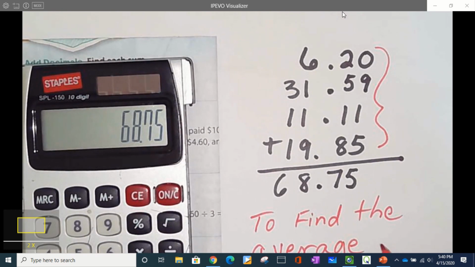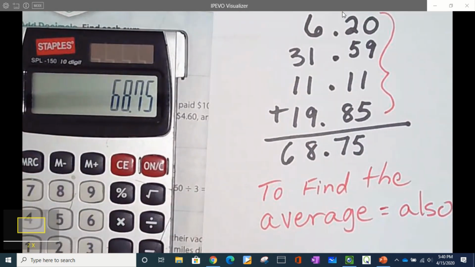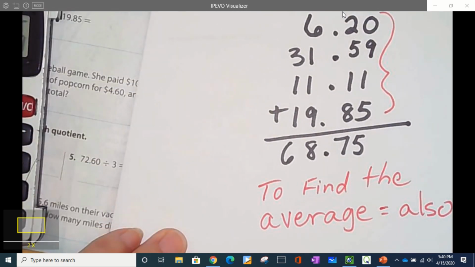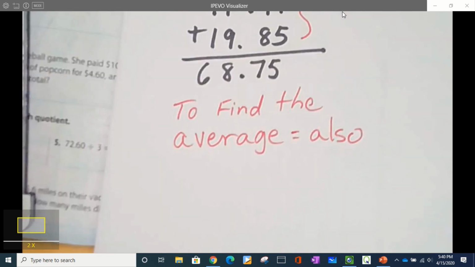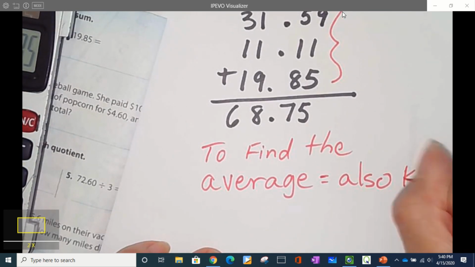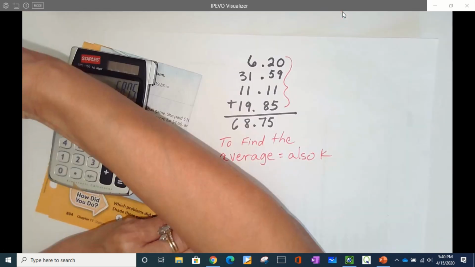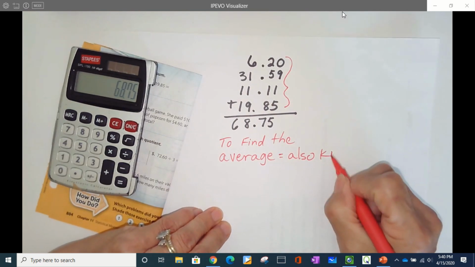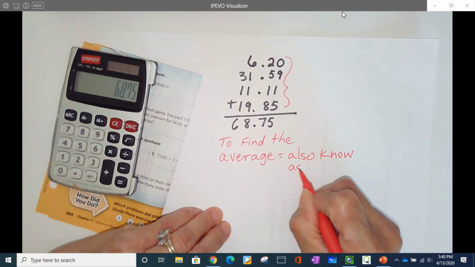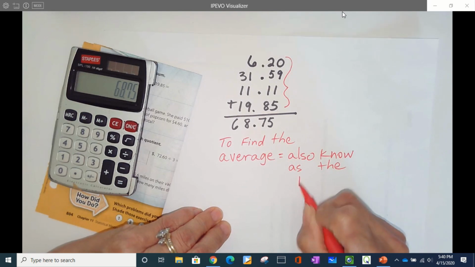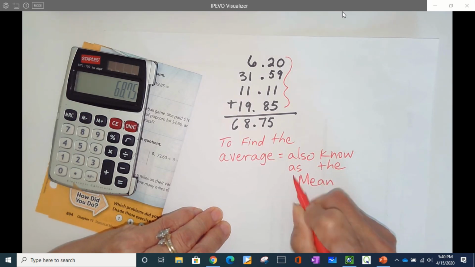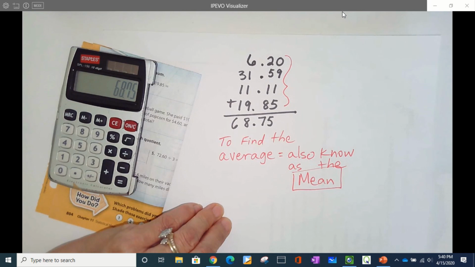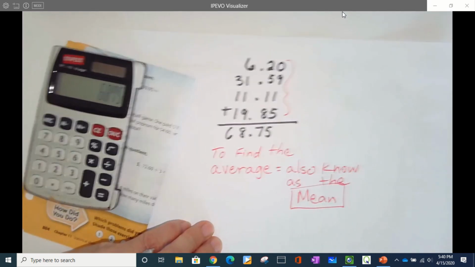The average is also considered the mean, also known as the mean. All right, put that there.